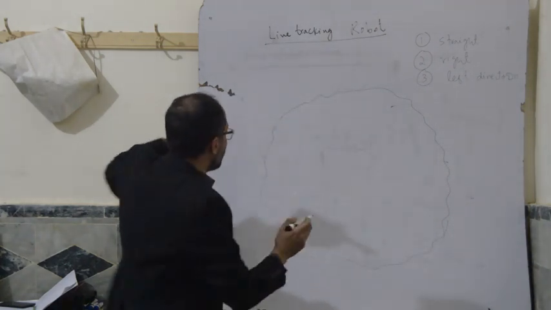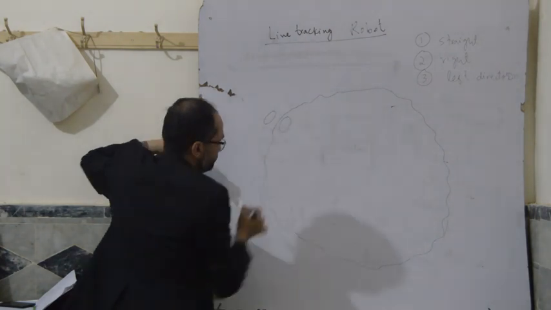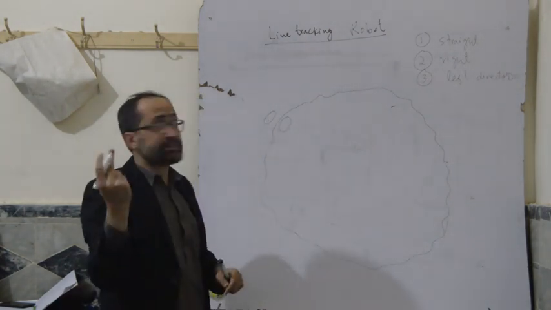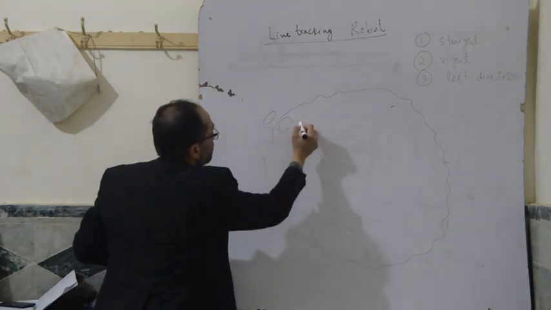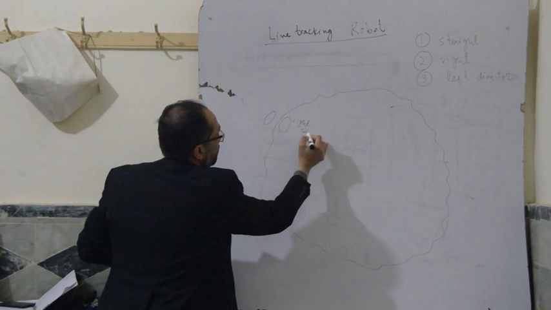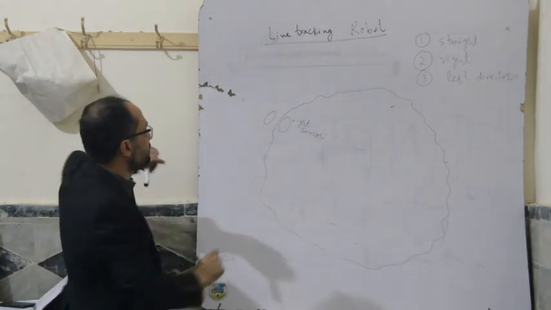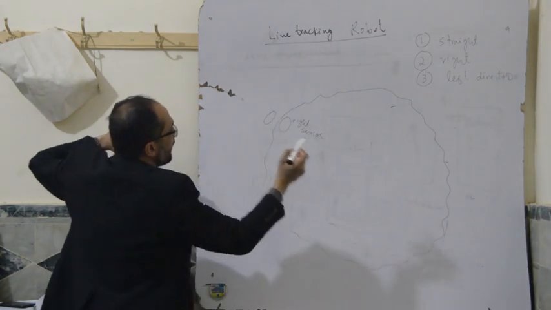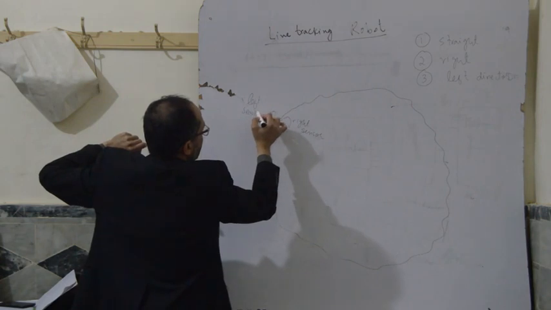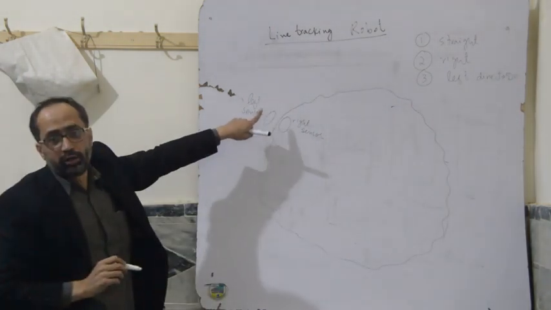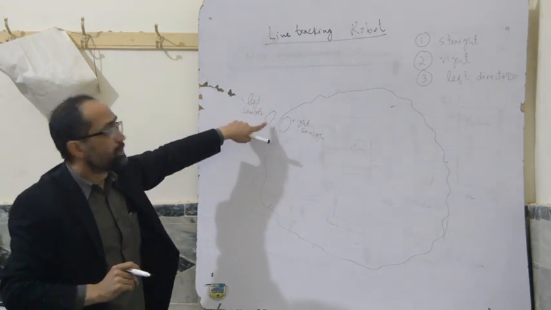For this line tracking robot, we need some wheels. These are the wheels. And we need two sensors. One is the right sensor that is installed on the top of the right wheel, and we have a left sensor that is installed on the top of the left wheel.